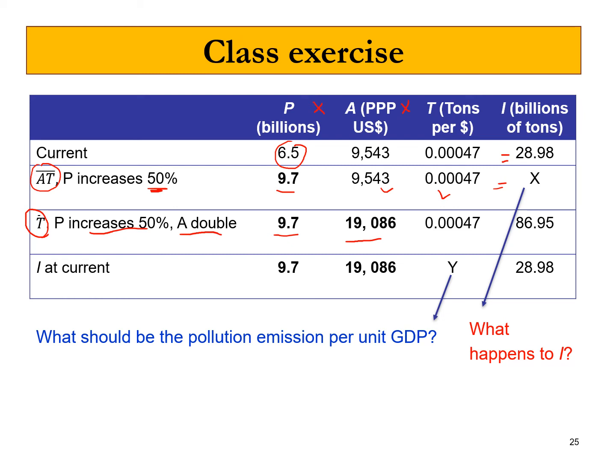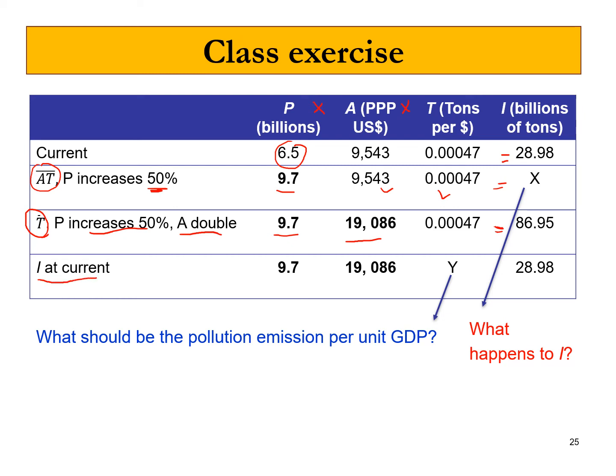So you should get the value of your environmental impact equal to 86 point something billion tons, because the affluence and population have increased, so the amount of environmental impact should also increase.